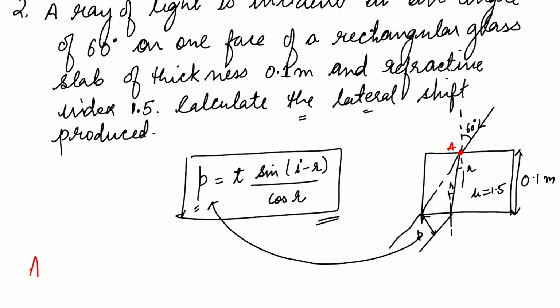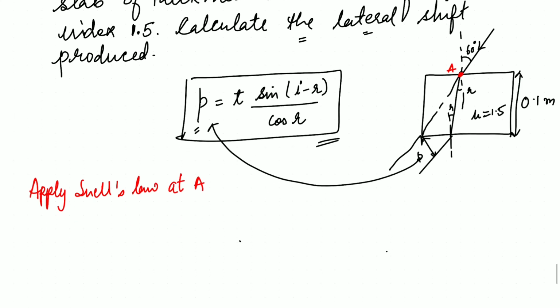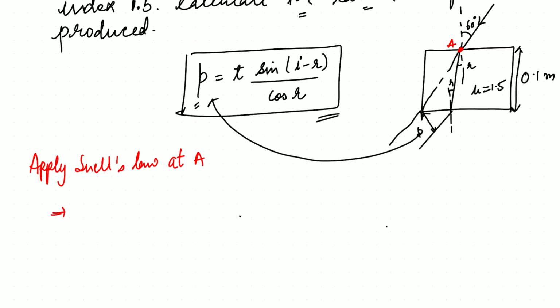Apply Snell's law at A, where the light is incident. So nu of air times sine of 60° will be equal to nu of glass multiplied by sine of R, which is something I have to find out.